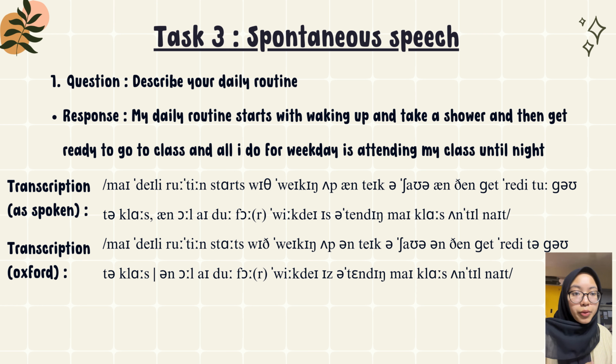And "and all I do for weekday". Same goes for the first two: the "d" sound is omitted. This is a clear example of consonant elision, specifically the "d" sound.